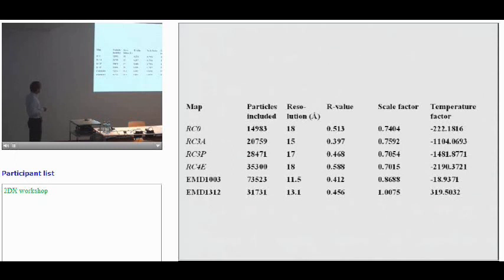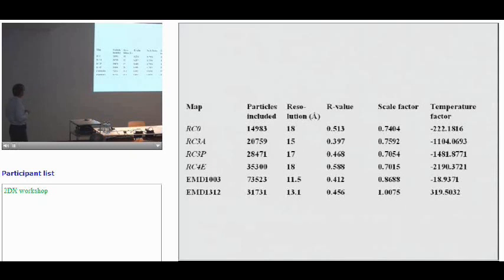one gets R values here, a scale factor and a refined temperature factor. And our impression from the beginning was that this particular structure here was the most accurate one, and indeed it gives by far the lowest R value here also. It gives a reasonable temperature factor, given this low resolution.